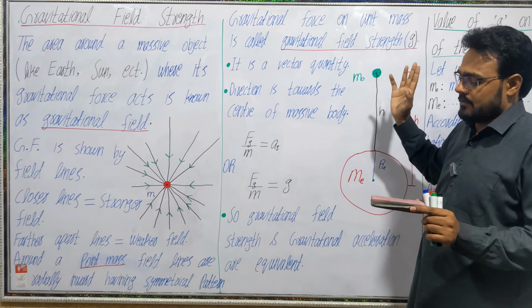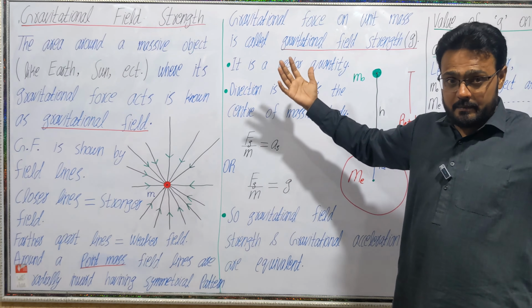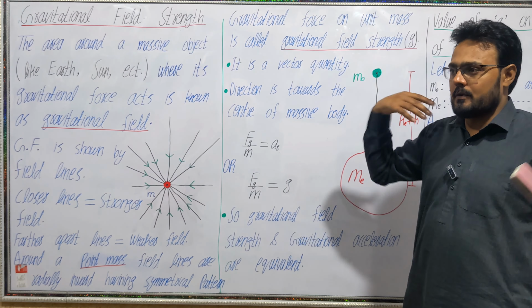Vector means it has direction, and direction is towards the center of the earth. Massive body means earth, which has greater mass, and also Jupiter, the sun, etc.